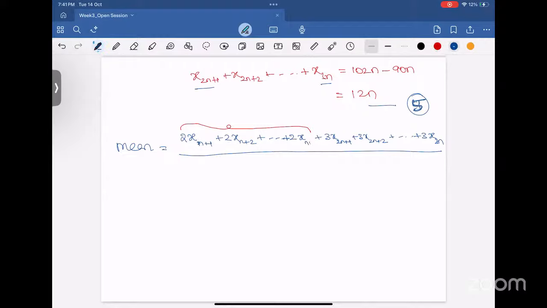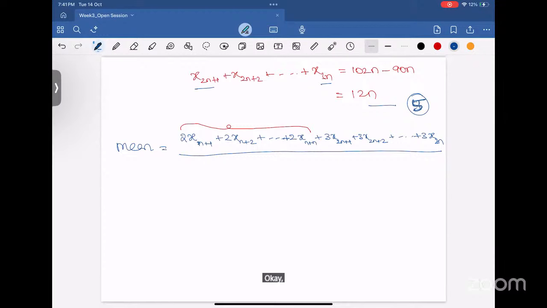Starting from n plus 1 till n plus n, we have n plus 1, n plus 2, n plus 3 till n plus n. Is it n minus 1? No, right?